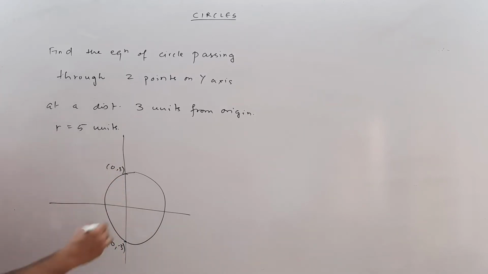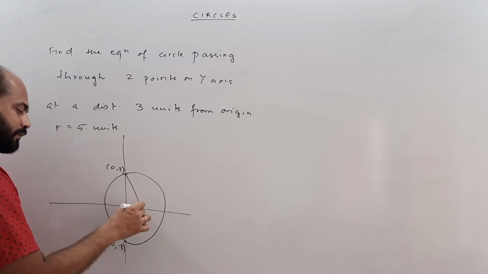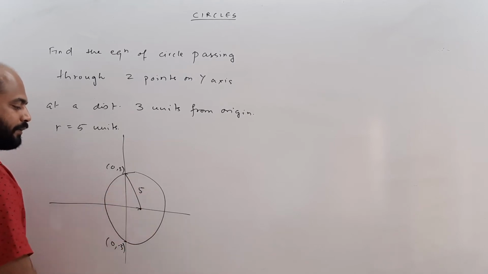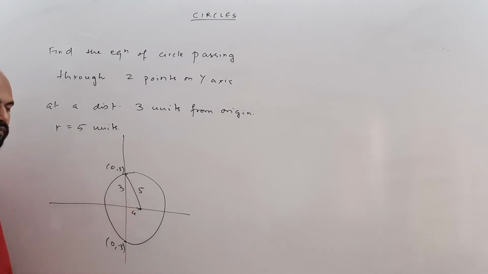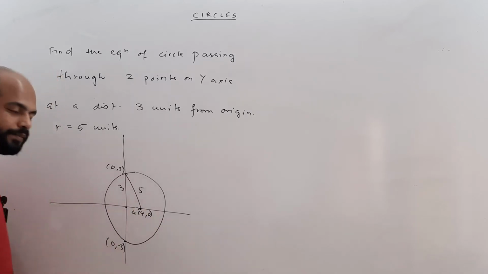It's also told to us that if this is the center, then the distance from here to here is going to be 5. So this is 5, this is 3, so obviously this is 4. Thus we can conclude that the center is going to be 4, 0.